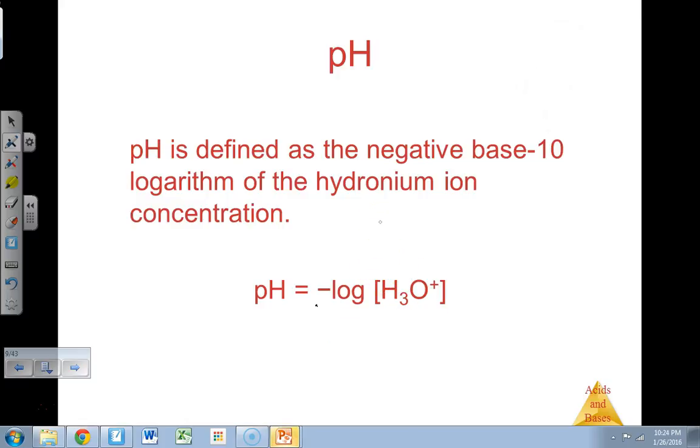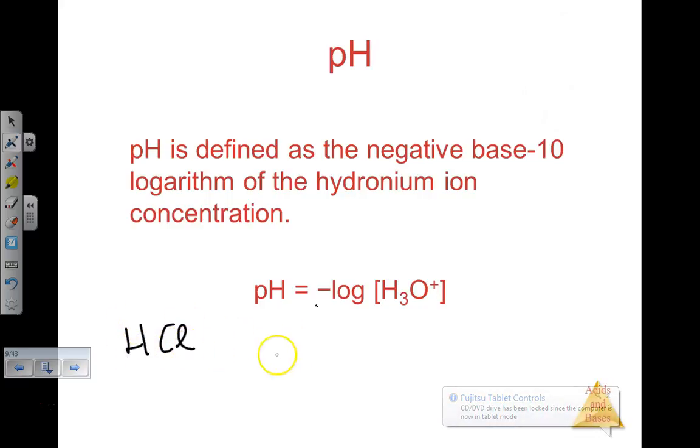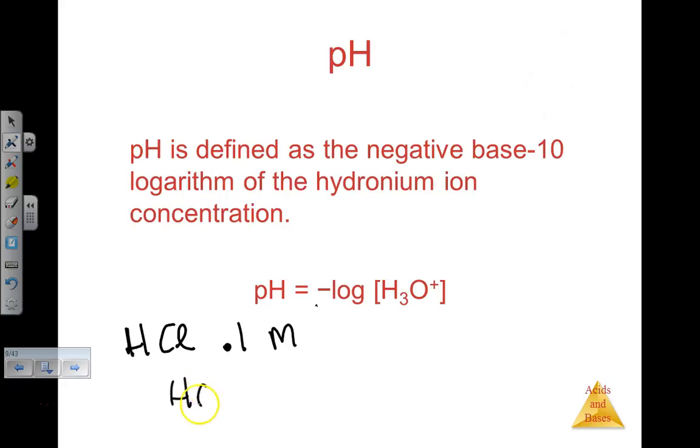the acid completely dissociates. So that means that if we have a 0.1 molar solution of HCl, hydrochloric acid, when HCl reacts with water, this completely dissociates.